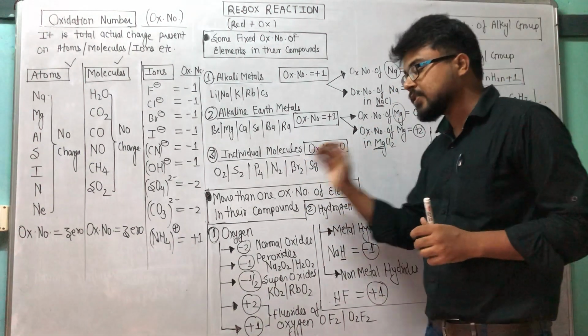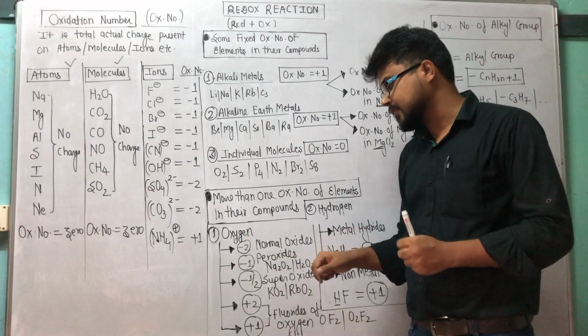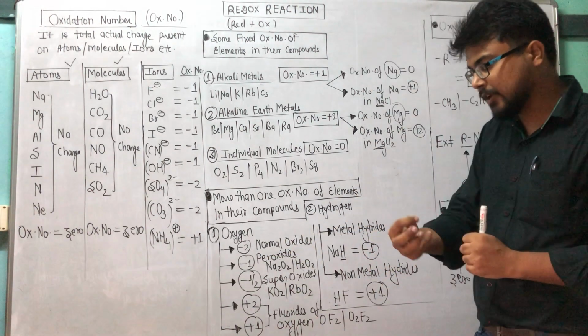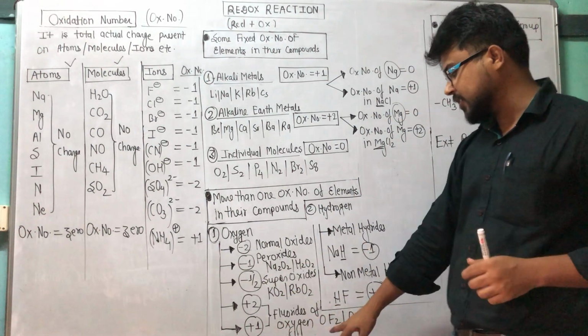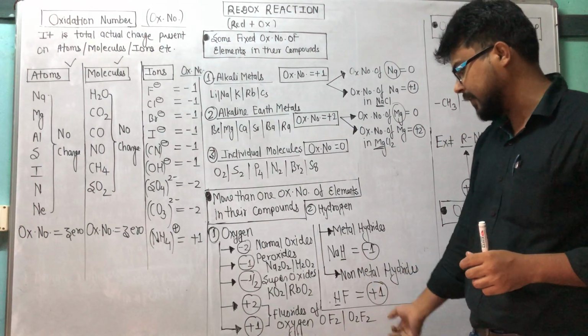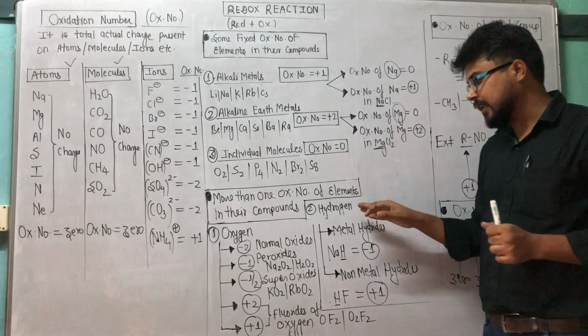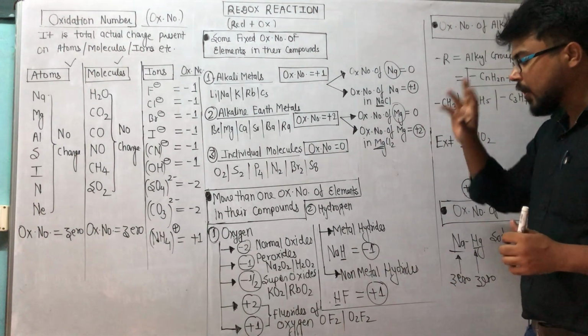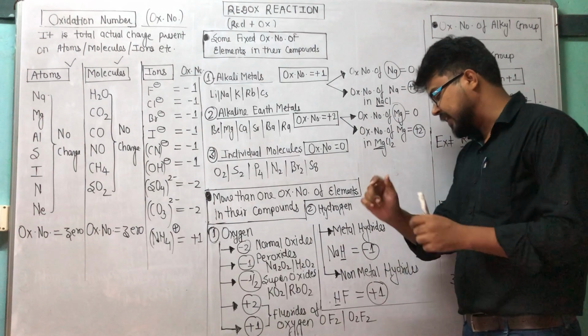The oxidation number of oxygen in normal oxide is -2, in peroxide -1, in superoxide -1/2, in oxygen difluoride it is +2, and in dioxygen difluoride it is +1. For hydrogen in metal hydride it is -1, and in non-metal hydride it is +1.